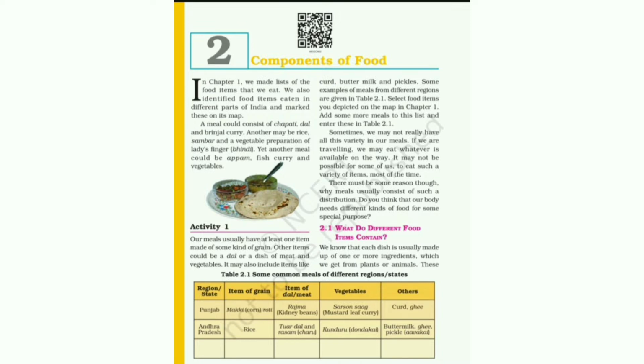In the case of Punjab, they eat roti with rajma and the vegetable is sarso saag, and they also add curd and ghee. In Andhra Pradesh, they eat rice and they add tur dal and rasam, and the vegetable is kunduru, and others they add are buttermilk, ghee and pickle. There is a blank space and we will add a state.